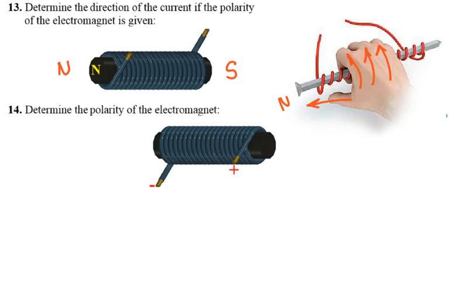So the fingers must be showing the current in this direction. If the current is in this direction, then that side must be positive and this side must be negative, because the current is coming from positive to negative. So they ask you to show the current and polarity. For the polarity, I have the positive side and the negative side.